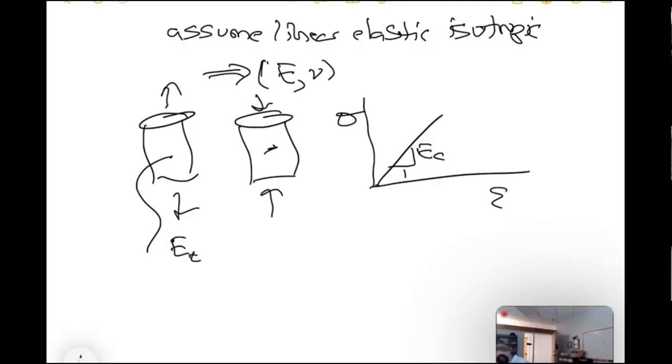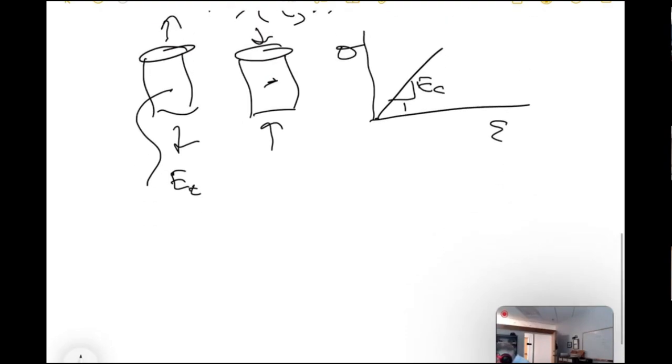How will it be different? And let's talk about a granite. So I'll call this EC. Is EC greater than or less than ET? So the compressive stiffness, is that bigger than the tensile or is it less in general for granite? What do you think?